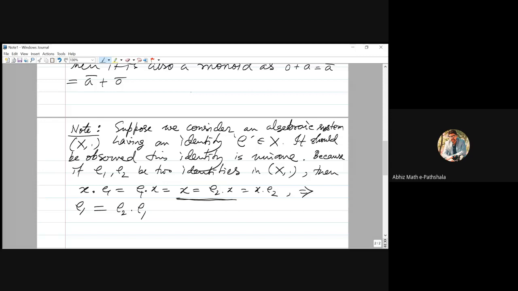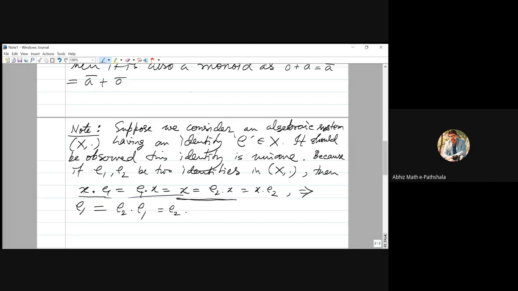And now you consider the equation, this one.